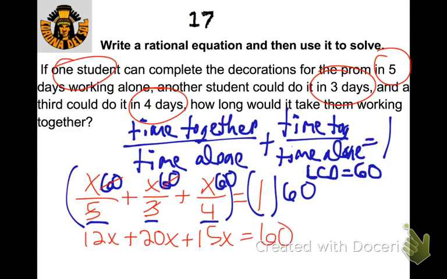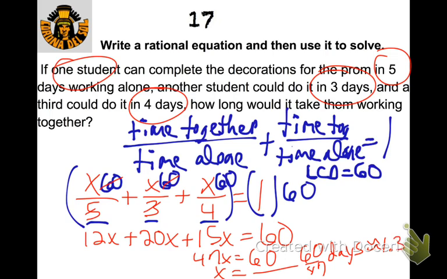Now we add all those x's, so that is 47x equals 60. x equals 60 divided by 47, and that's days, or about 1 point whatever days. So 60 divided by 47, let's say 1.3 days, rounded to the nearest tenth.